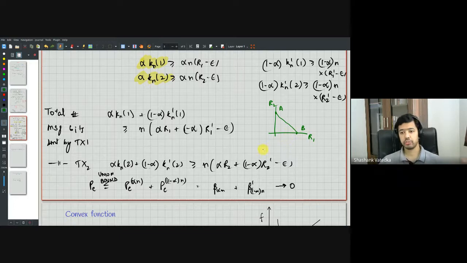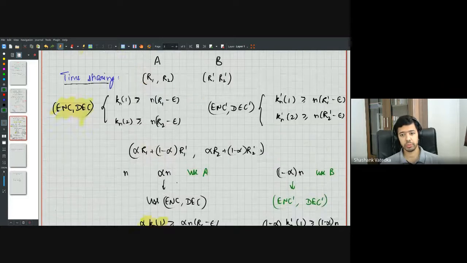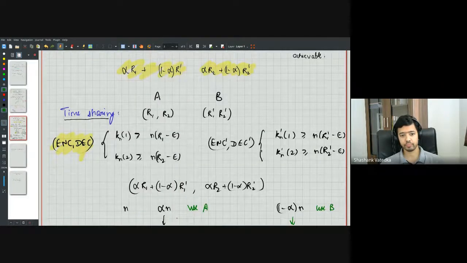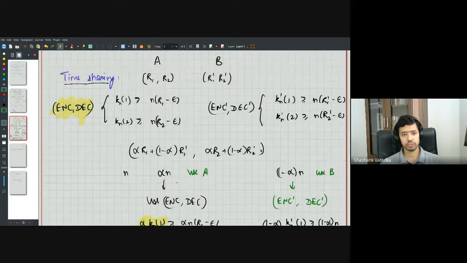Okay, and we've shown a generalization where you can take any two sets of encoders and decoders, or any two different schemes, and that gets you any point in between the two. Right. So time sharing is a general argument used in multi-user information theory, and it's a useful thing to know.